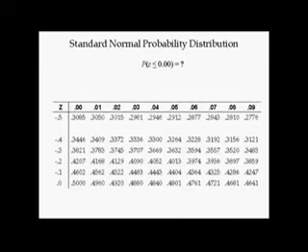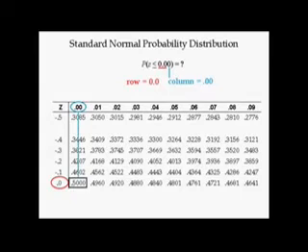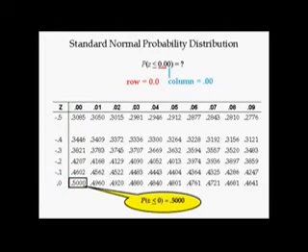To compute the probability that z is less than or equal to 0, go to row 0.0 in the standard normal table, then go to column 0.00. The intersection of row 0 and column 0.00 is 0.5000. Hence, the probability that z is less than or equal to 0 equals 0.5000.